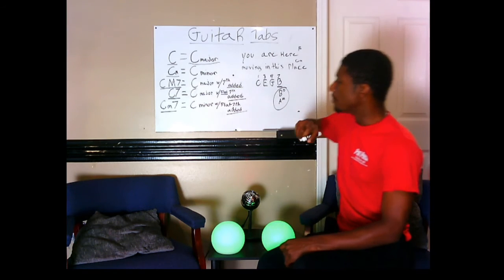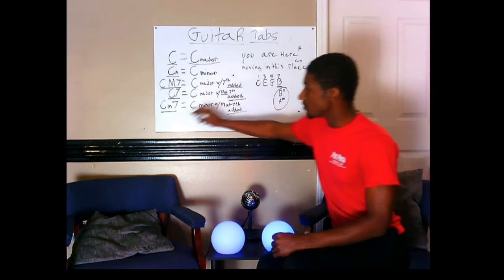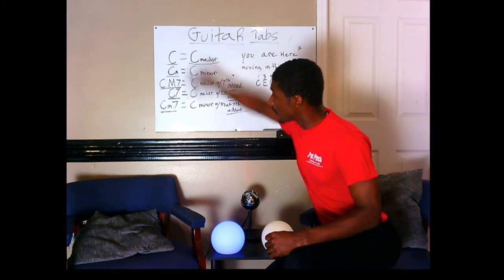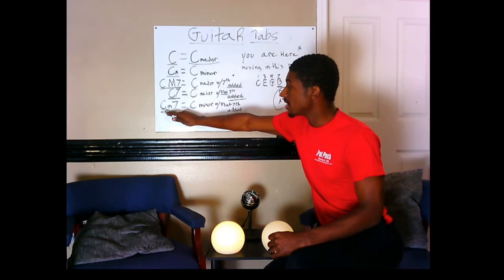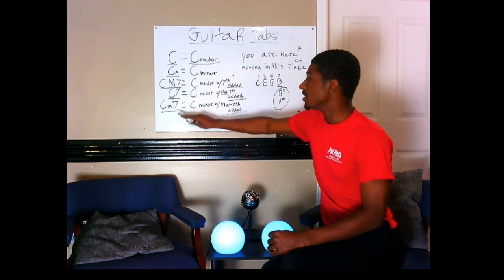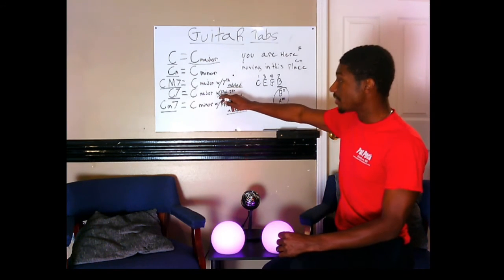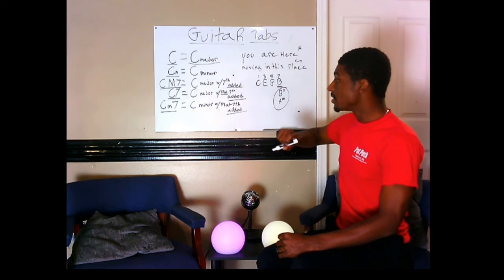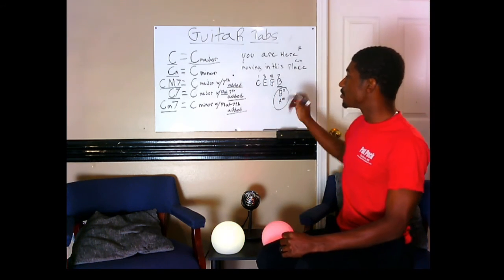Now you have your C minor 7. It's just like it's over here. You notice this has a C with the lowercase m. This is also a C with the lowercase m. So that means it's a C, capital C, lowercase m, 7. C minor 7. So you're going to do the same thing you did with the C7, except it's a minor chord. So you just take that C, that E is now minor, so you flatten that third.